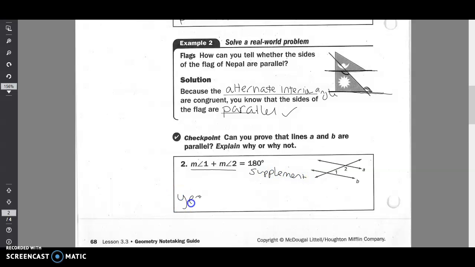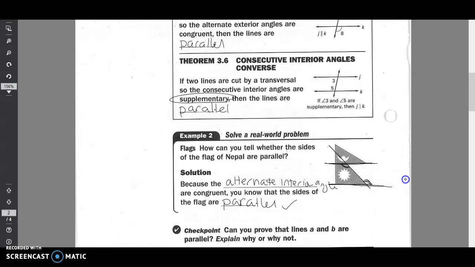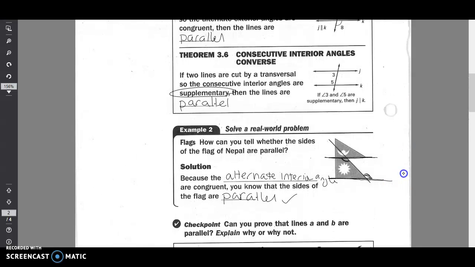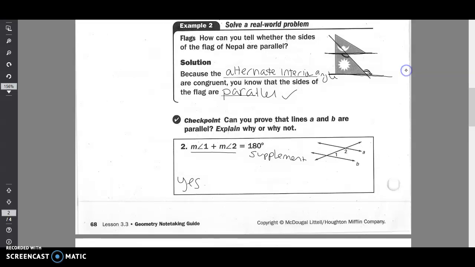So this is yes, and it is by the consecutive interior angle converse, so theorem 3.6. But we're going to write consecutive interior converse theorem.